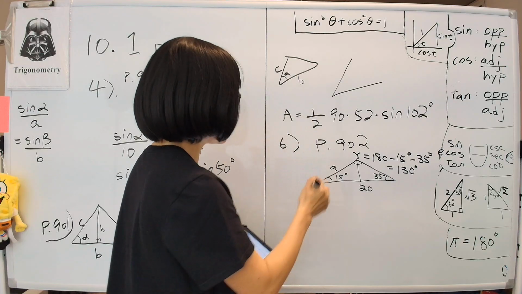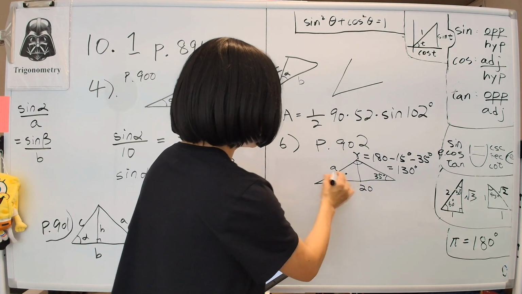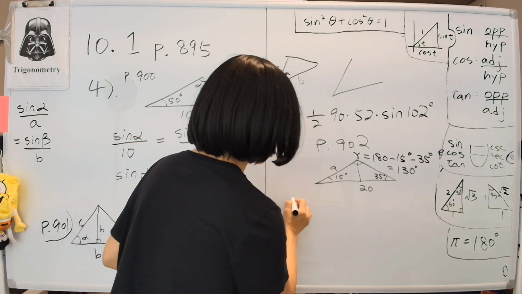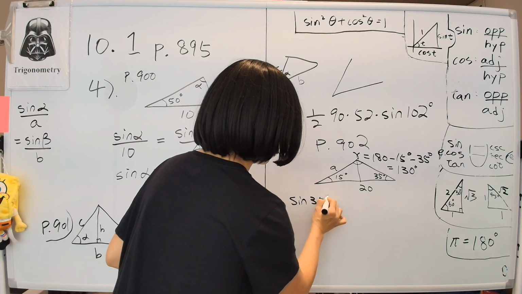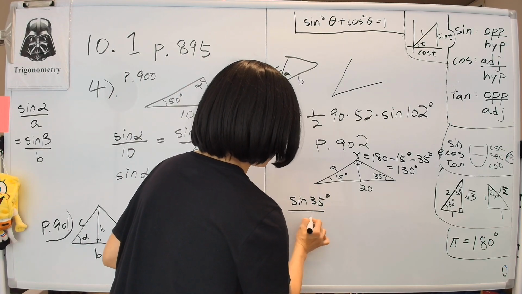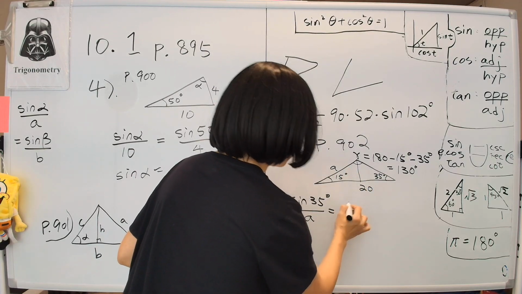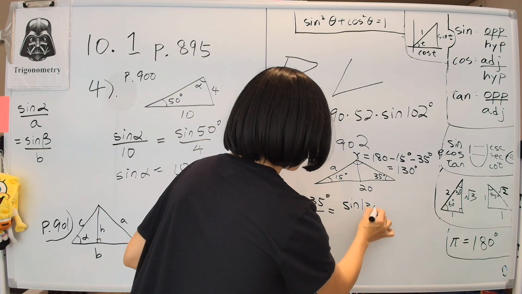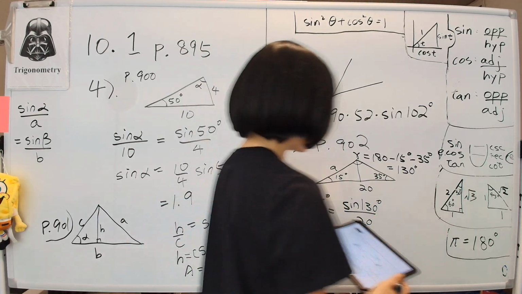Then A would be equal to, let's see, to use the law of sines right here: sine of 35 degrees divided by A is going to be equal to sine of 130 degrees divided by 20. All right, so that's that.